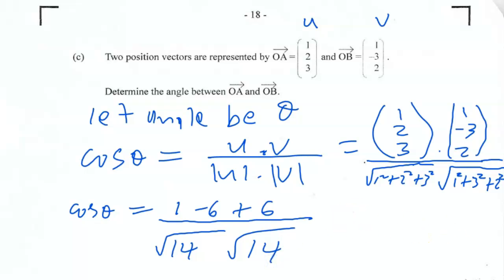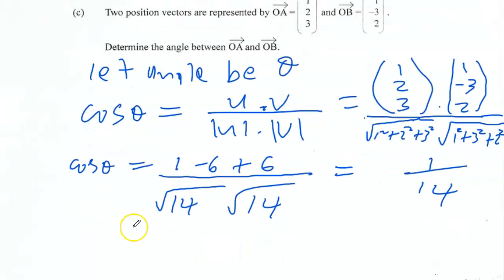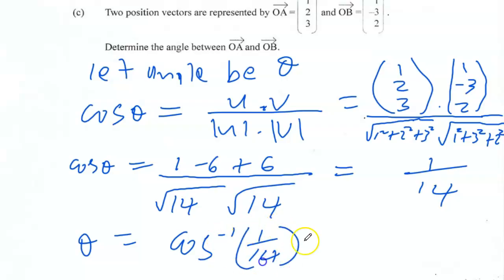So hence, cos theta: negative 6 plus 6 is 0, so it's 1, and root 14 times root 14 is 14. So theta would therefore be cos inverse of 1 over 14, which will give us, using 1 decimal place, 85.9 degrees.